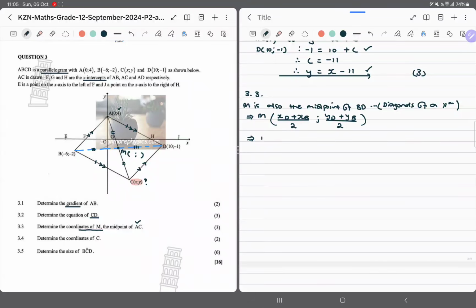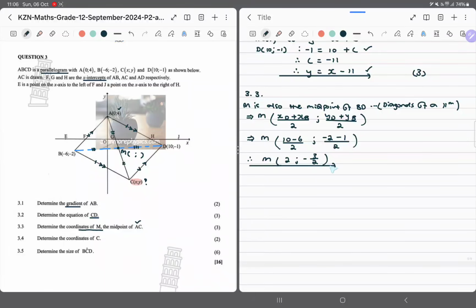This also implies that our M is x at D, it's 10 minus 6 over 2, is to y at D, minus 2 minus 1 over 2. All right, therefore point M is 10 minus 6 is 4 divided by 2 is 2. This is minus 3 over 2.